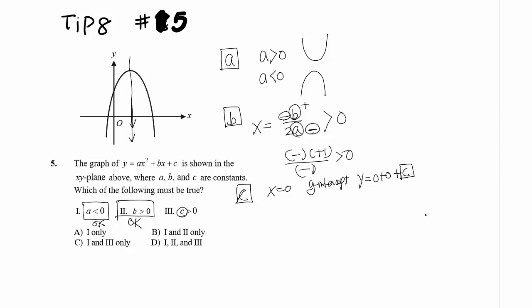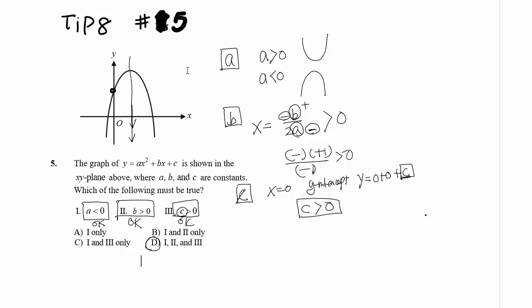The value of c is the y-intercept. When you look at the y-intercept on the graph, it is positive. So c should be positive. They are all true, so choice D is the answer.